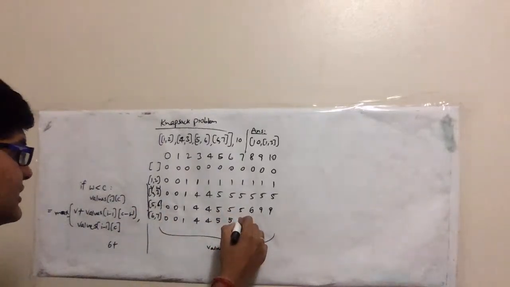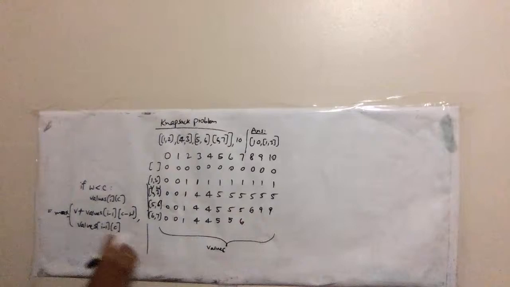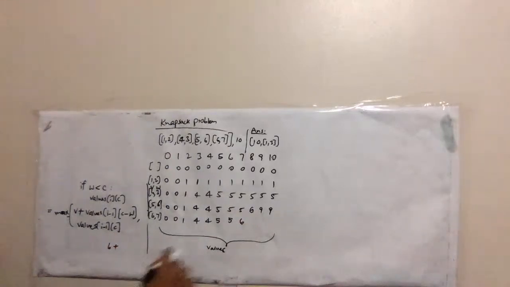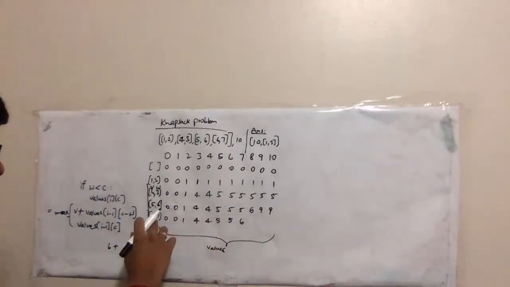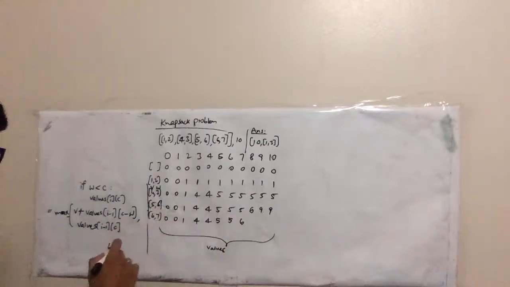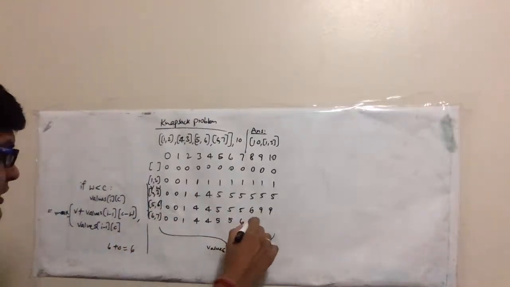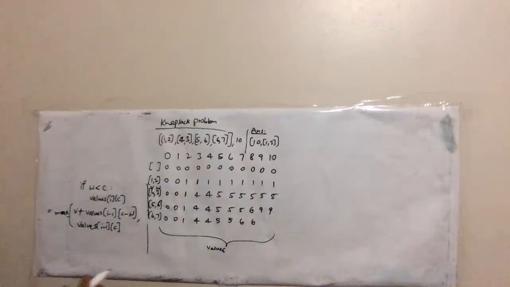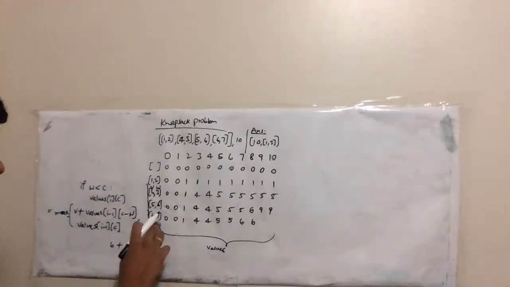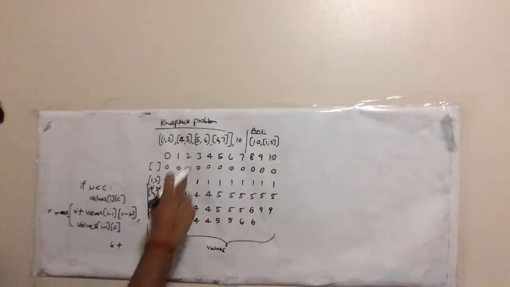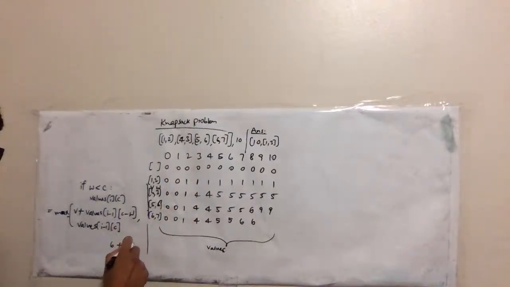So 6 here, and 6 plus, so 8 minus 7, which is 1, the 1st index, which is also giving a value of 0, so 6. Then 6 plus 9 minus 7, which is 2, which is giving a value of 1, so 7.